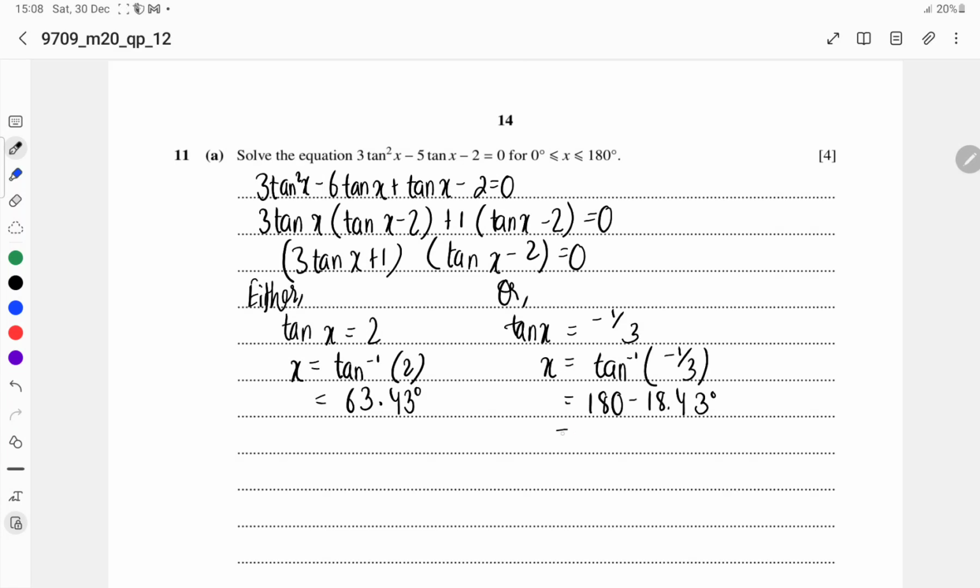This gives 161.56 degrees. Am I correct? Yes, 161.56 degrees. So our answer lies in the range, right? Therefore x equals 63.4 degrees and 161.6 degrees.